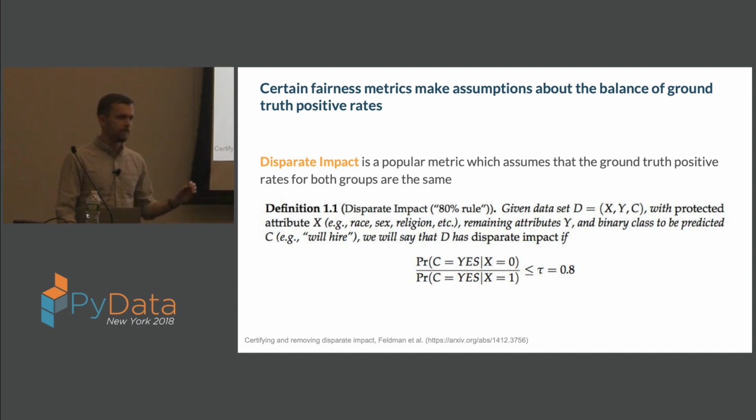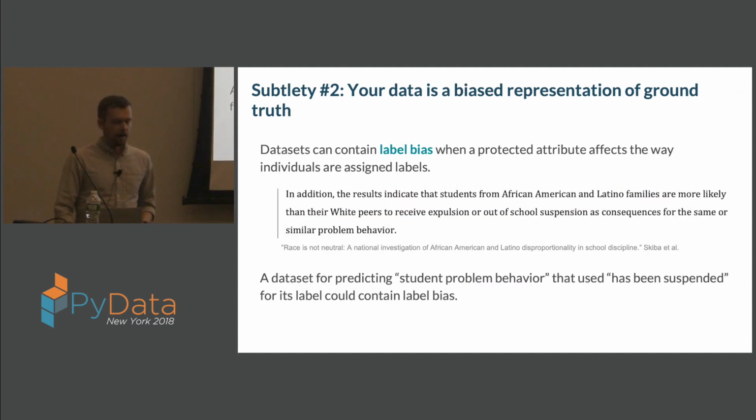So that's one subtlety. There are legitimate differences in ground truth positive rates. Another subtlety is that you don't actually know what the ground truth is. You only have data, and your data is a biased representation of what the ground truth is. Your data is not the truth. It's some biased approximation of the truth.